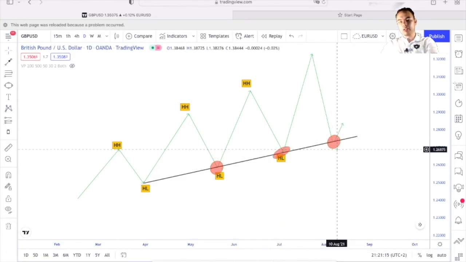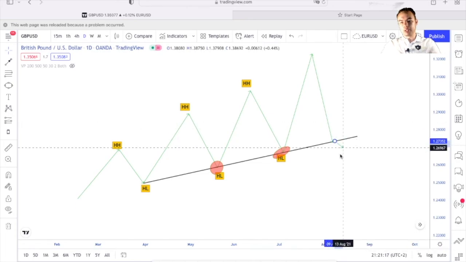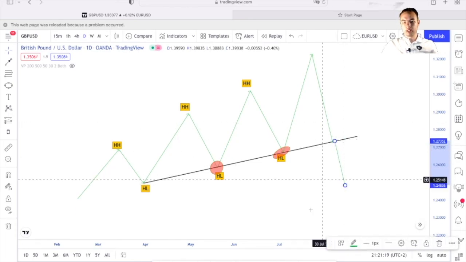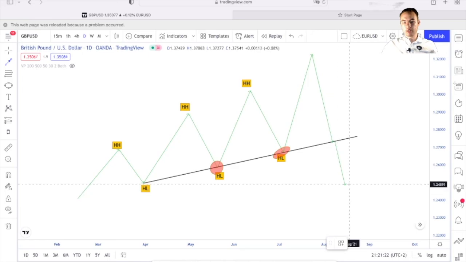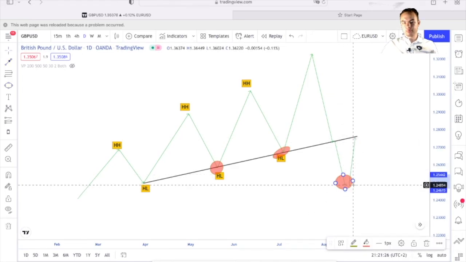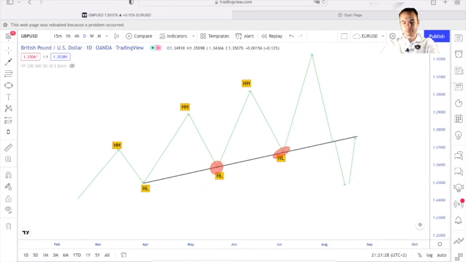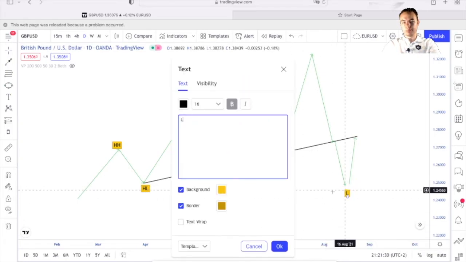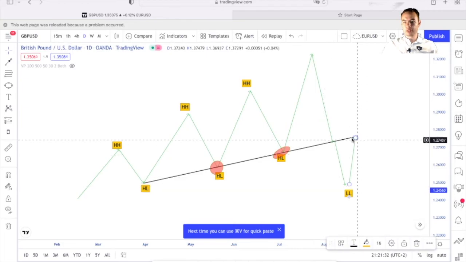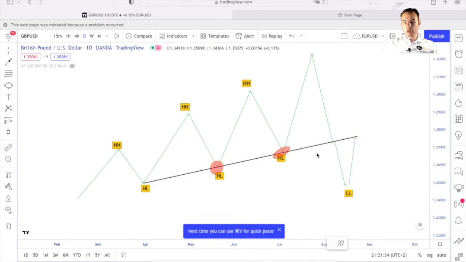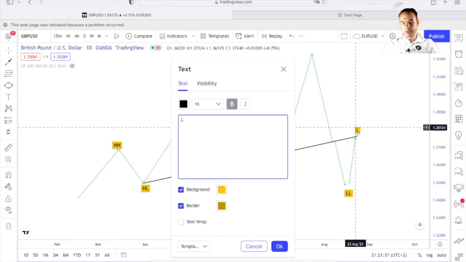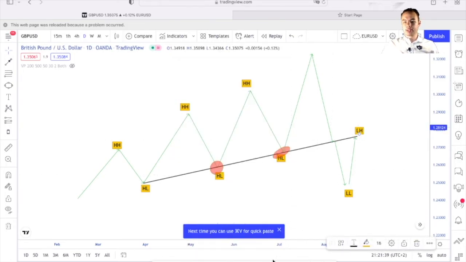Now if this happens and price comes down, rejects back up, sorry, makes a lower low, wait for the retest and other confirmations of this lower high, and then this is where you need to sell.